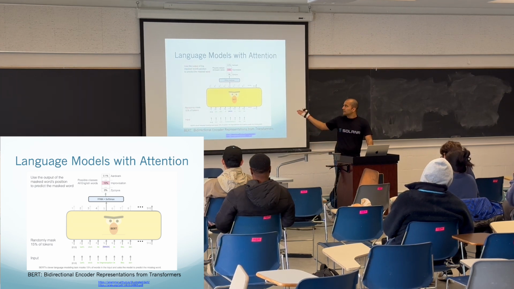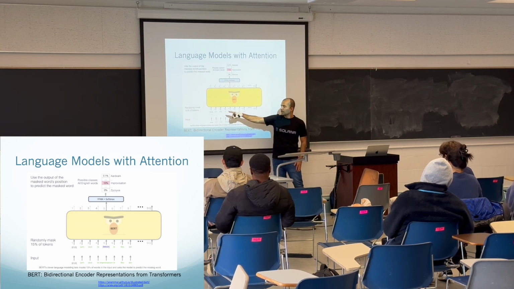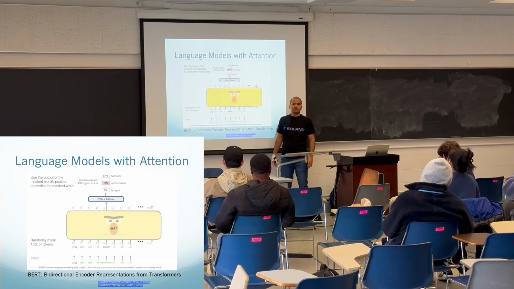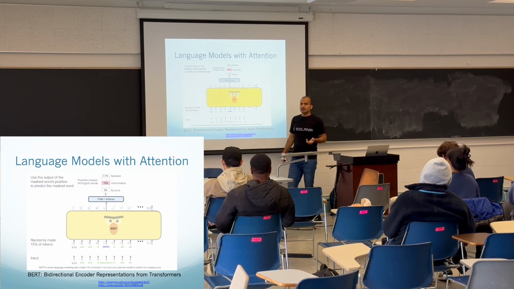They trained this using a special type of task, where you give it a sequence and then you randomly mask 15% of tokens, like this is a mask token, and you ask it to generate what that token is. So for a given sentence, if you randomly remove 15% of the words, you ask the model to generate those 15% of the words. In this way, it just learns the relationship between everything.